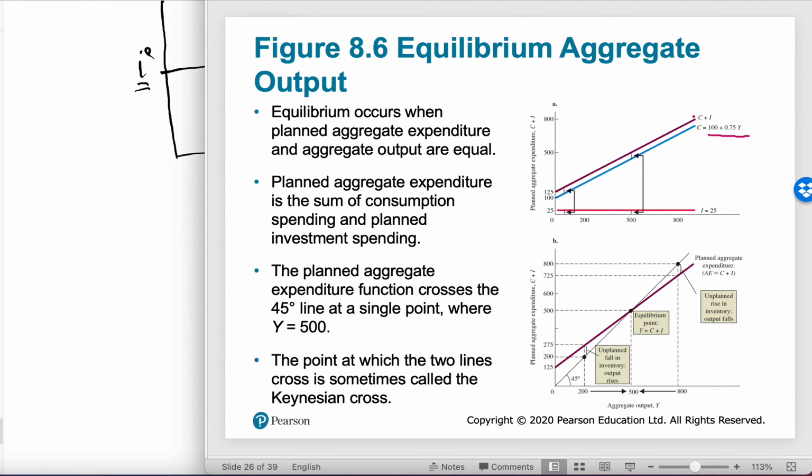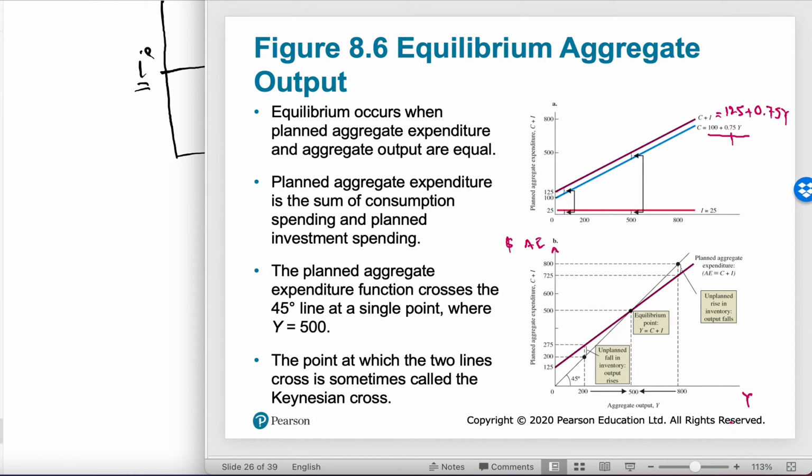So add them together, and this becomes aggregate expenditure. Here we put the aggregate expenditure in terms of dollars and draw that line, and the slope of this is less than 1. Because the slope of consumption is less than 1, the aggregate expenditure is 125 plus 0.75Y.